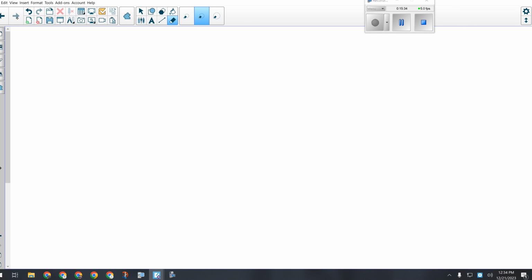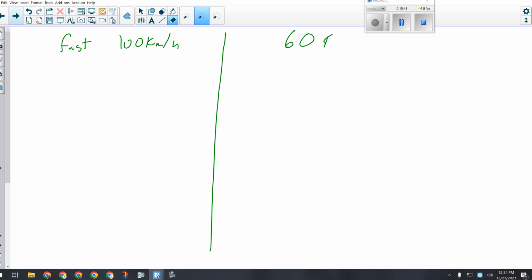Okay, so let's say we've got an area where the speed limit is changing. On this side, we're able to go fast. Let's say this is the 100-kilometer-an-hour part, and over here, the speed limit is 60, just so we get a big change. I've got 3 cars traveling in this 100-kilometer-an-hour area.